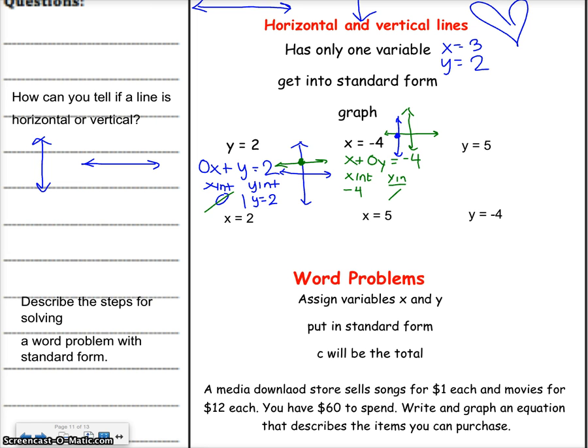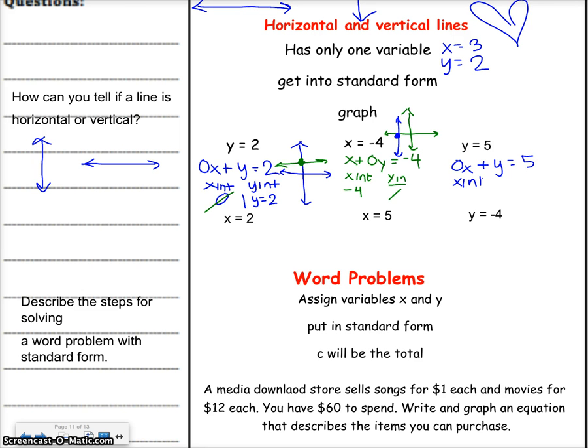So in your homework today, it's going to say, tell me if this line is horizontal or vertical. And if you get confused, because a lot of kids think y is tall, so y is always the vertical, but as you can see, a y line is not vertical. A y line is horizontal. One more time. No x terms plus a y term equals 5.